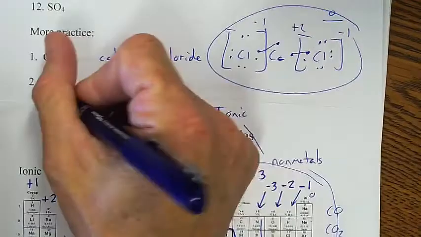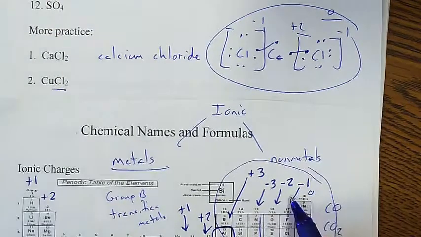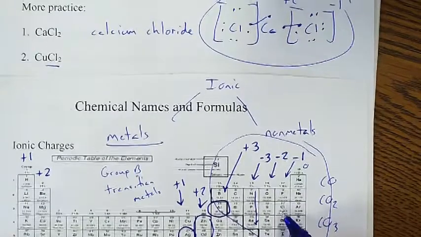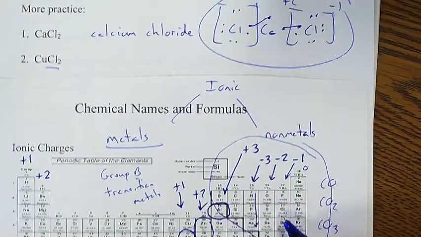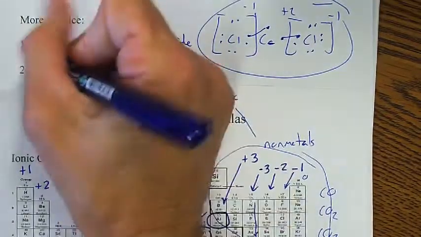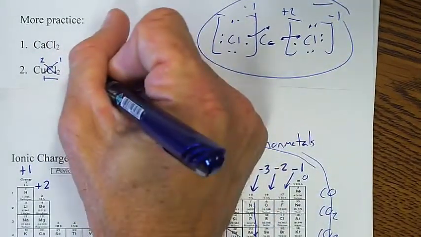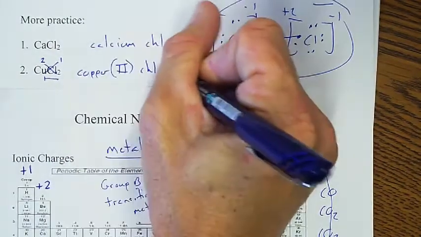And you ask why again? It's because we always know the charges of the non-metals, because they're -3, -2, -1. So there's chlorine, with a -1 charge. So it's 1. Notice they didn't bring the 1 down there, so that means it has not been simplified. That means the 2 came from copper. And so that would be copper(II) chloride.